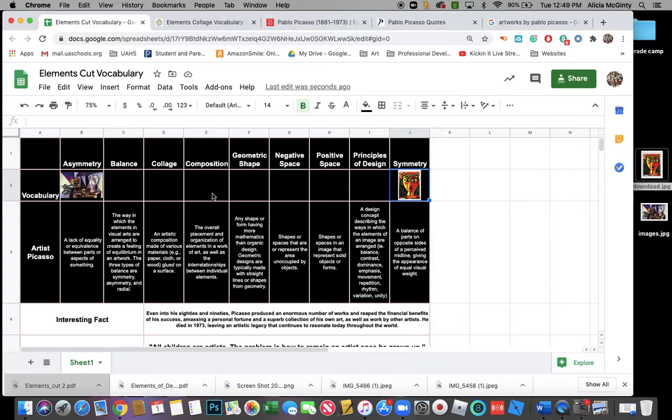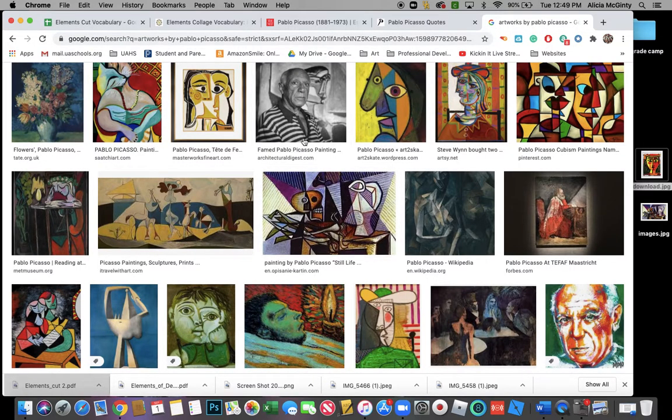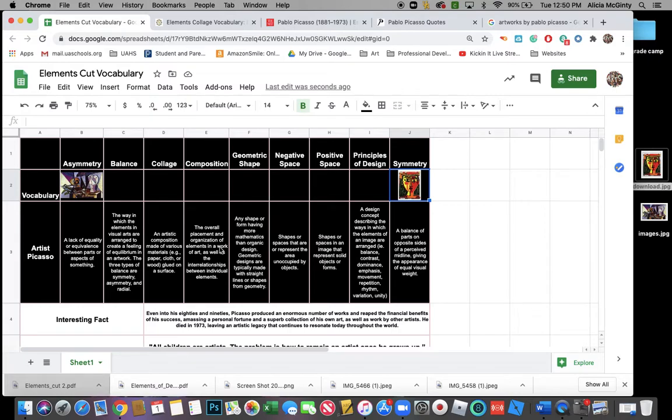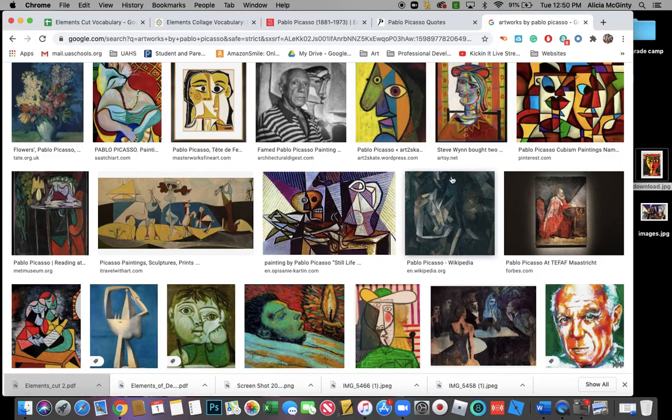If you have a broad term like composition, actually each one of these is a composition in its own, because composition, if you look at the definition, is the overall placement of organization of elements in a work of art, as well as the interrelationship between the individual elements. So technically, any of these could work for composition.